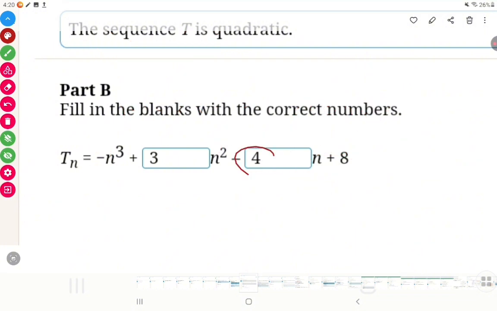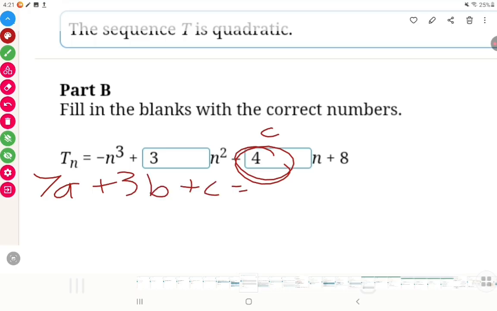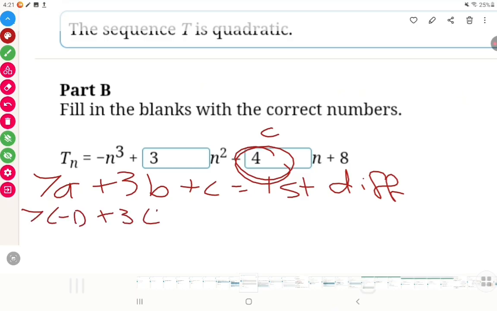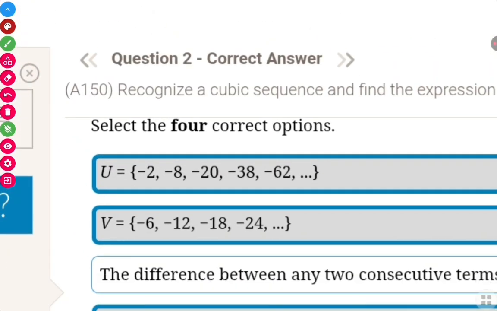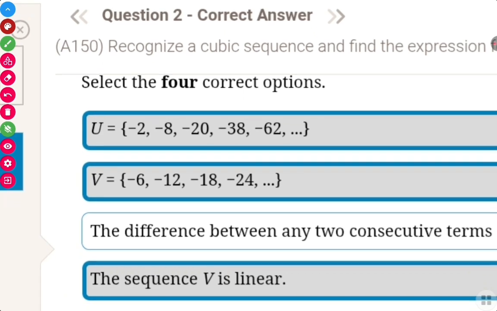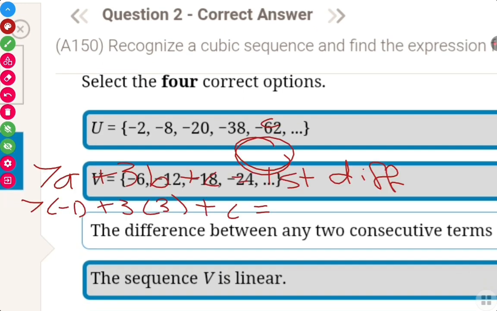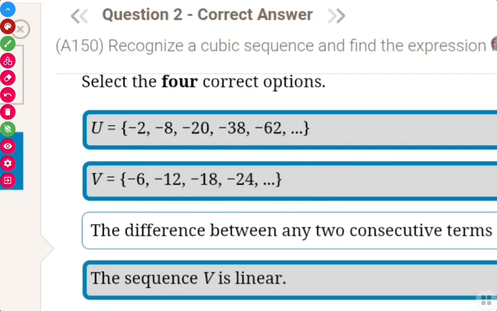Now, to find the third number, c, in a cubic sequence, you do 7a plus 3b plus c is equal to the first difference. So a is negative 1, b is 3, and c is what we're trying to find. We go to the first set of differences, which is u, and the first number in it is the first difference, which is negative 2.